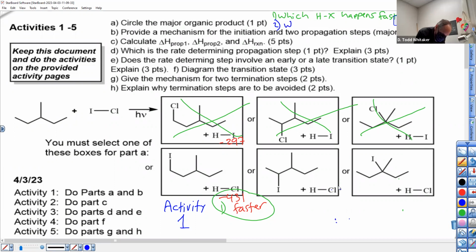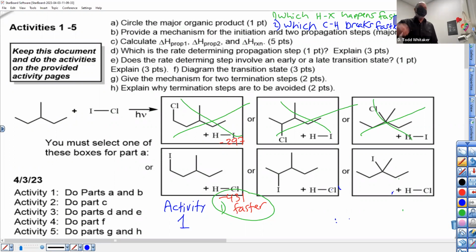Which CH breaks faster? Now think about it. The one sentence I told you to predict speed is the more exothermic reaction is faster. So now we're going to compare two endothermic reactions. Can I give you two random examples?